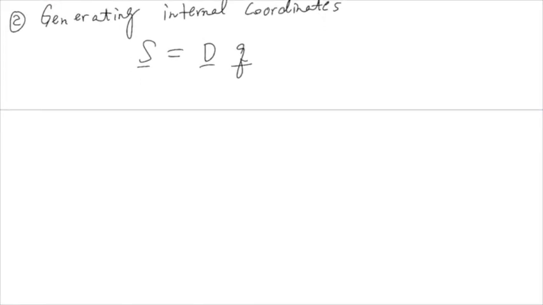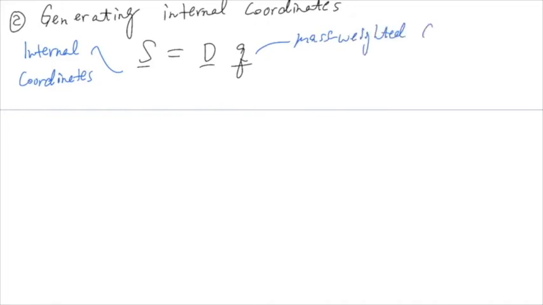Here S is the column vector of the internal coordinate, and Q is the mass-weighted Cartesian coordinate. And D is the transformation matrix.